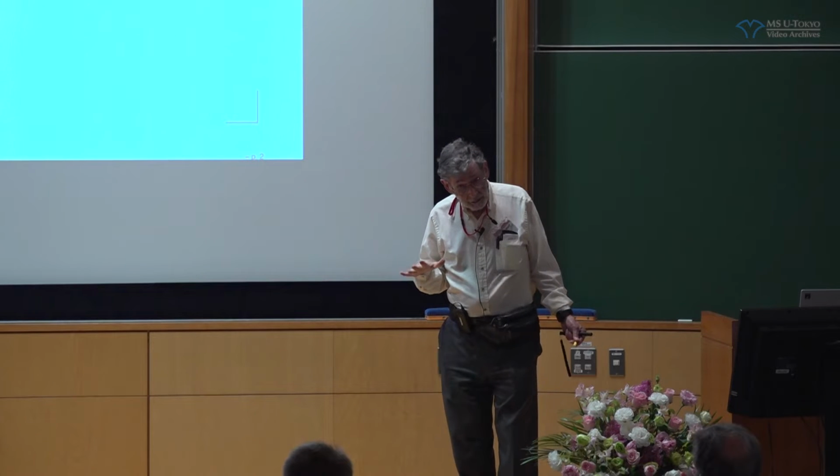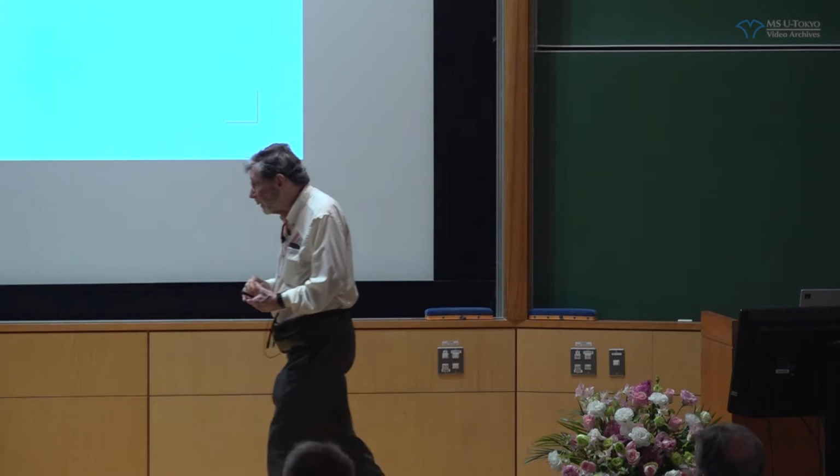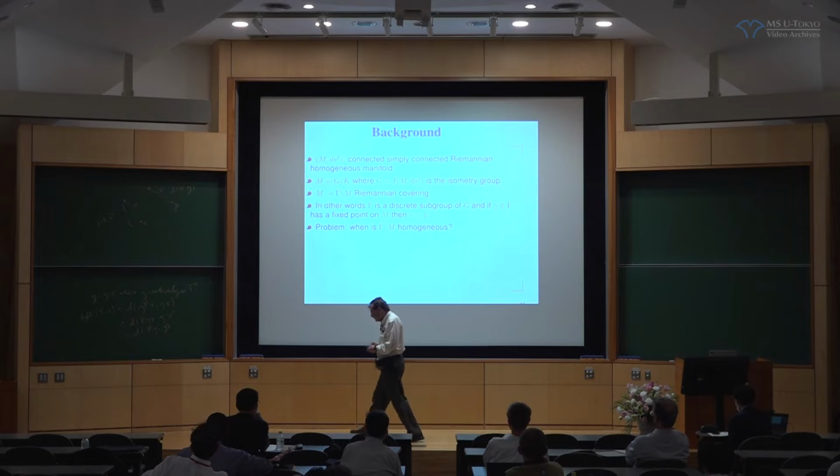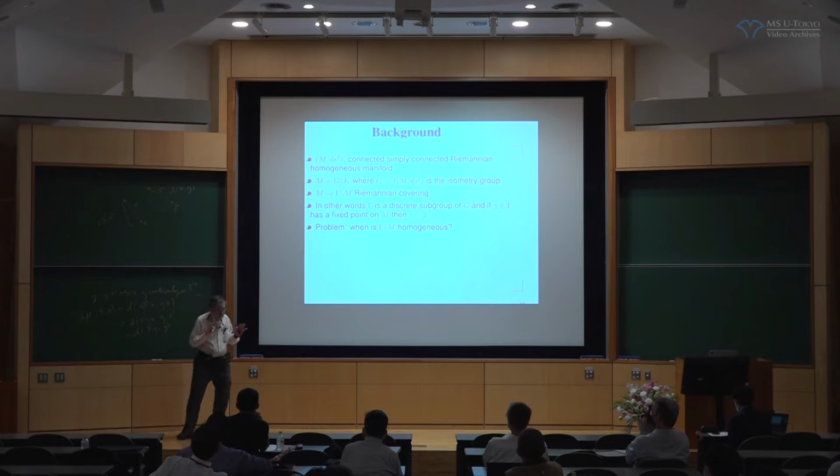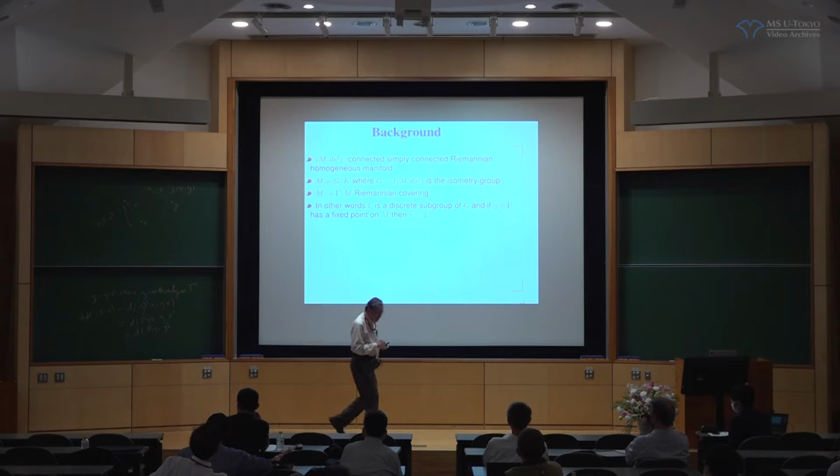That's the homogeneity conjecture. Now, when I mentioned some events of 1962, that's the small event. But that's what I want to talk about now.